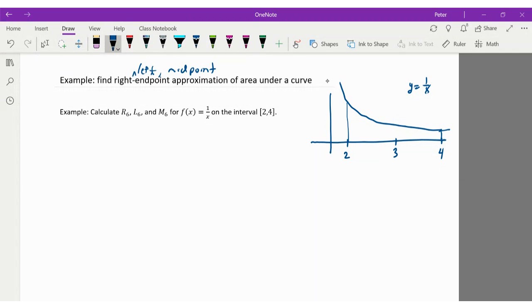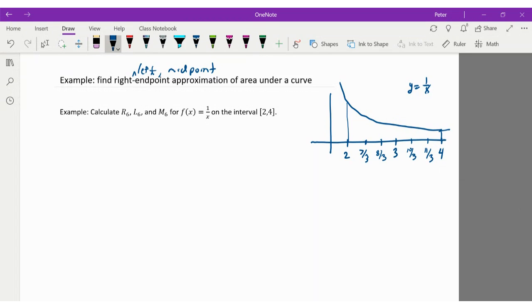So I've now divided it into 2 subintervals. I need to divide it into 6. So I'm going to divide the region between each integer into thirds. So this is 2. That's going to be 7 thirds, 8 thirds, 10 thirds, and 11 thirds. In other words, I'm just going a third of the way in between each integer.